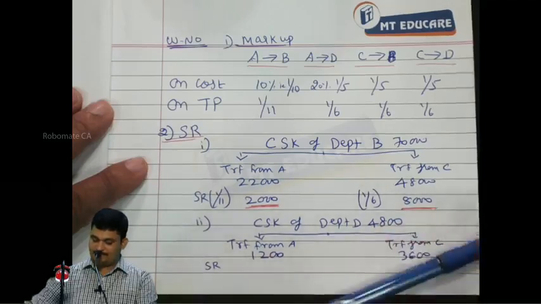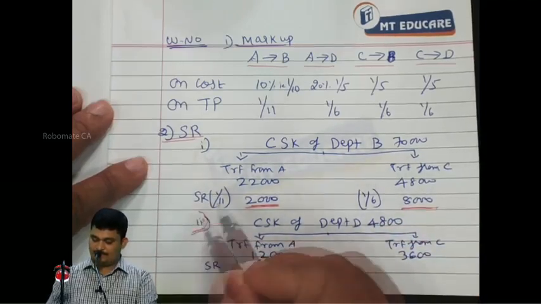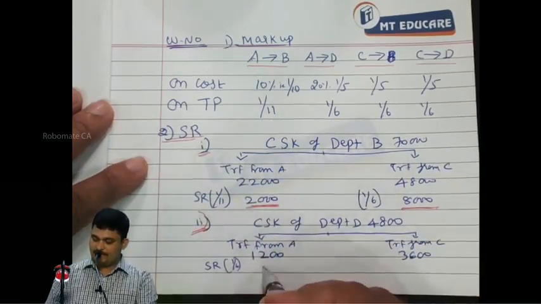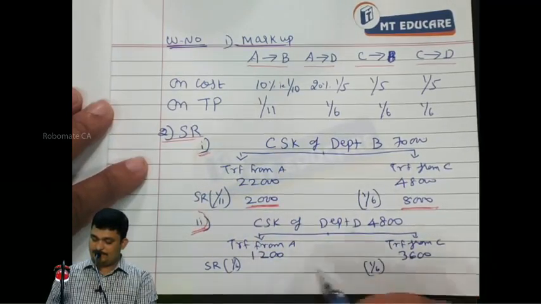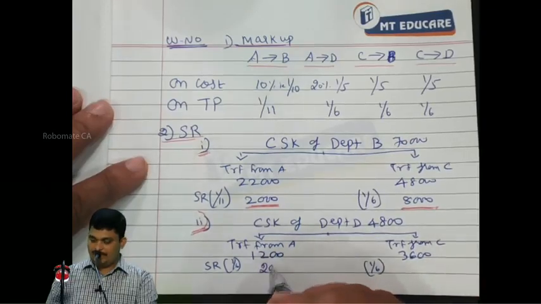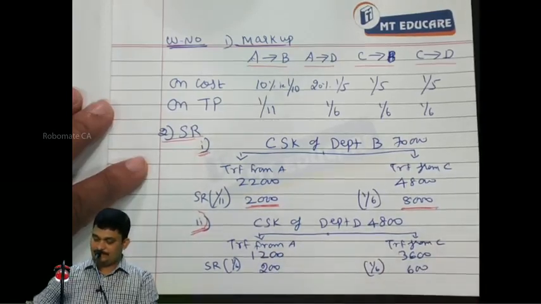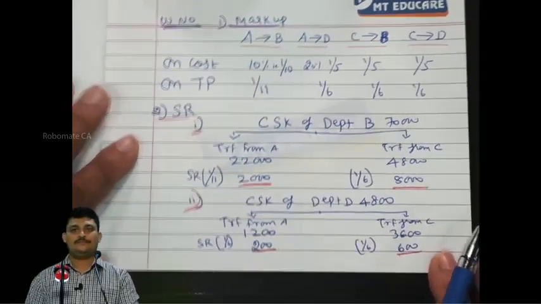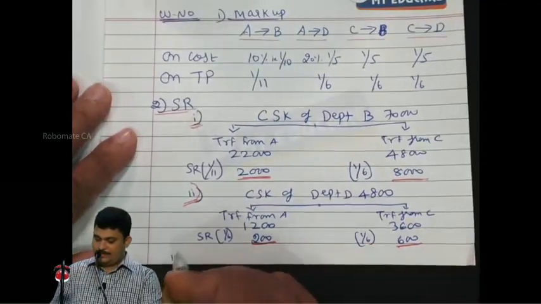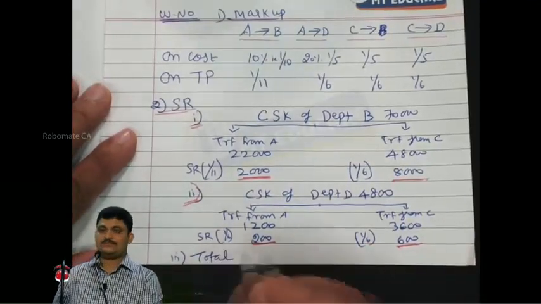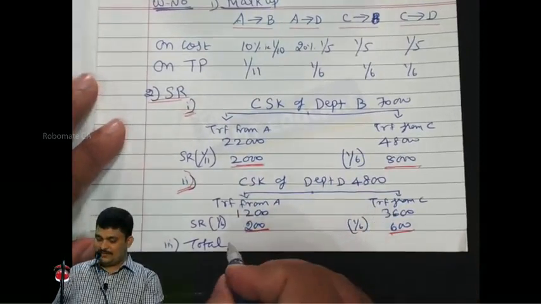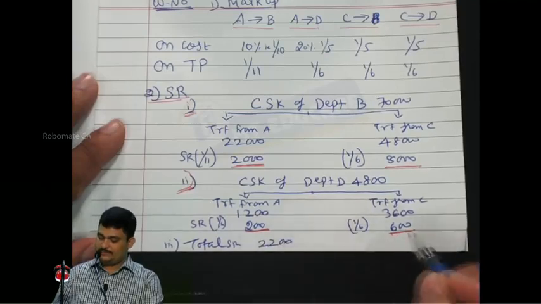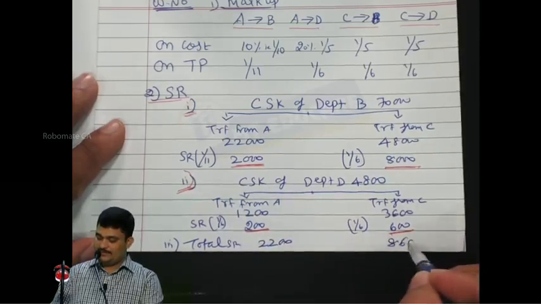Stock reserve, 1 by 6, 1 by 6: 200. Total stock reserve for A 2,000, for C 8,000.